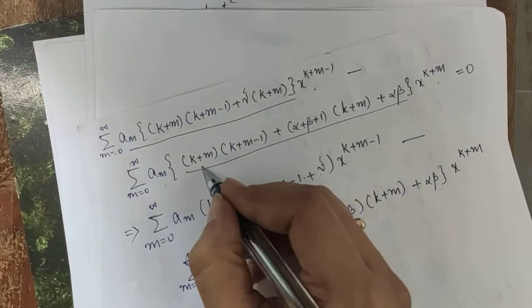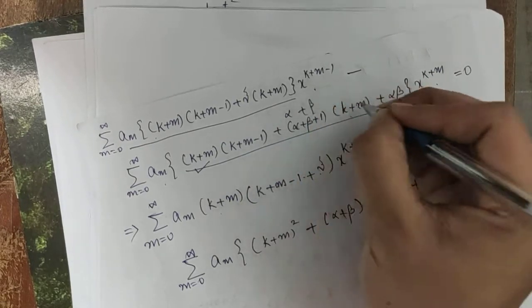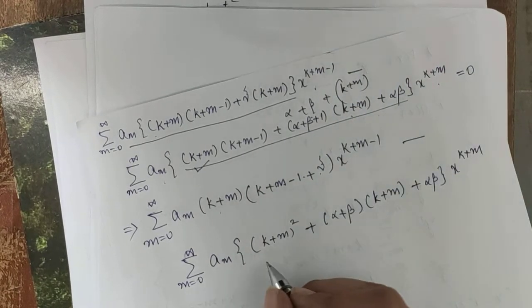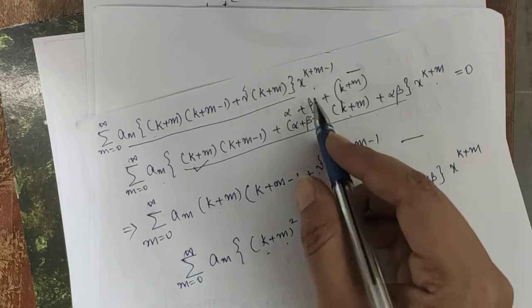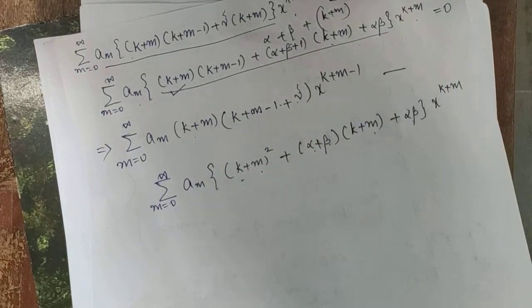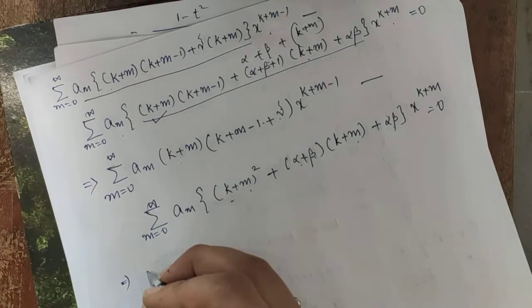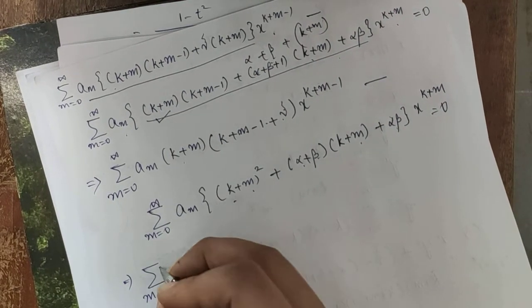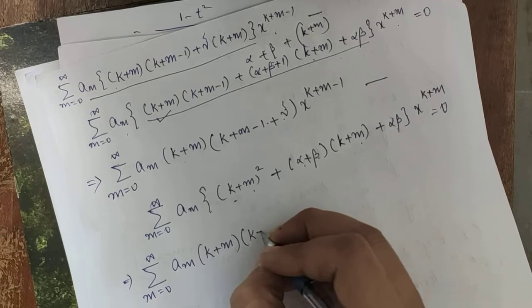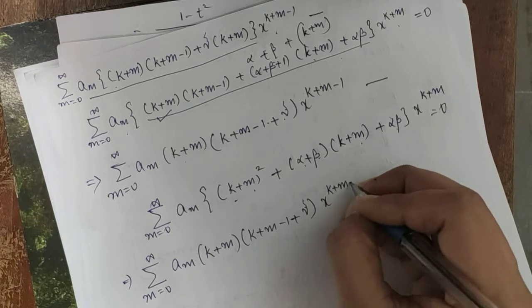Here I already have k plus m, right? So this will become alpha into k plus m plus beta into k plus m plus k plus m. From this we can write k plus m whole square plus alpha plus beta into k plus m plus alpha beta as it is. Okay, this will reduce to: summation m is equal to 0 to infinity a_m into k plus m into k plus m minus 1 plus gamma into x power k plus m minus 1.